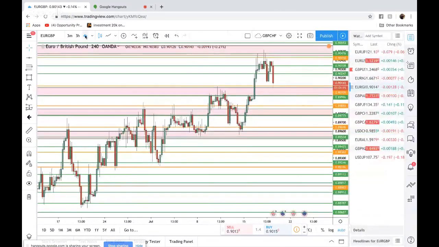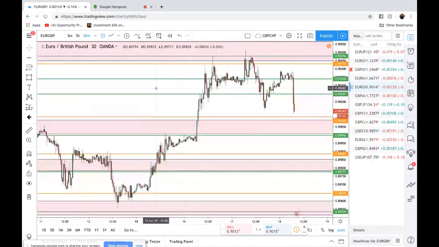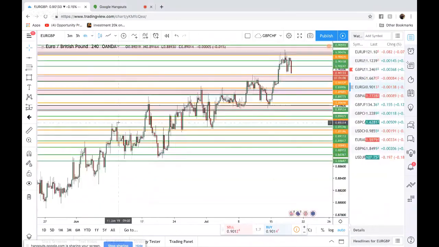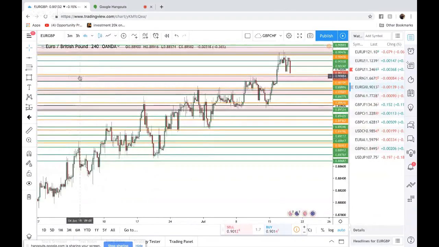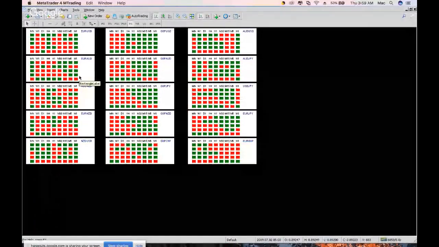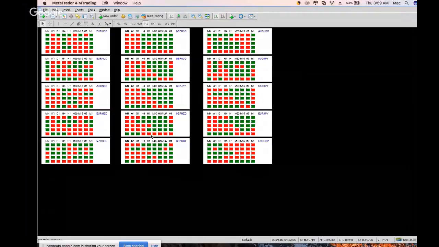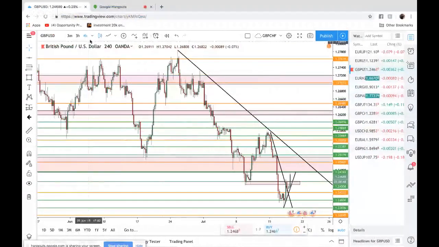But let's check out everything else. Throw some restriction on this bad boy. Alright, so Euro GBP is definitely starting to show that bearish opportunity, which is great. The GBPs are looking like they want to go bullish. So my question is, how high do they really want to go?